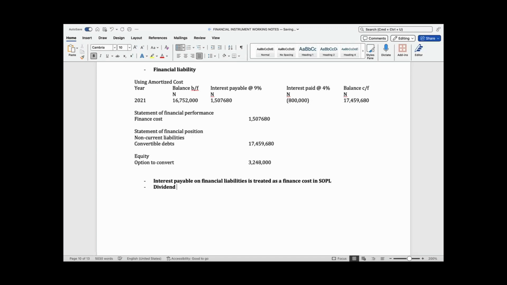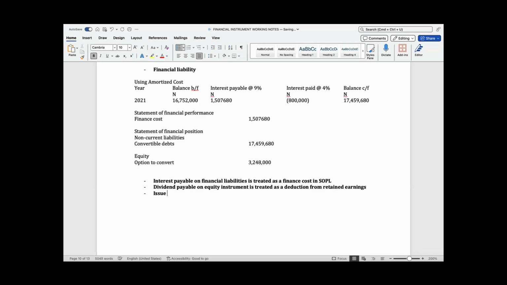While dividend payable on equity instruments is treated as a deduction from retained earnings.